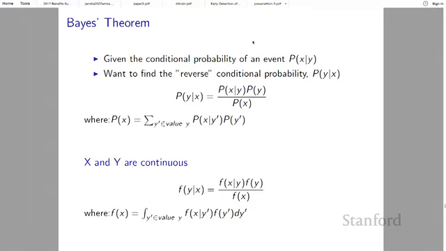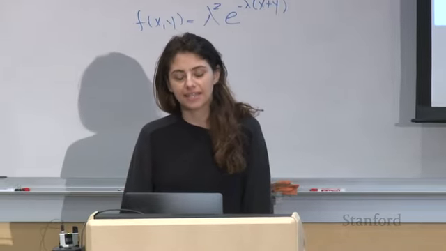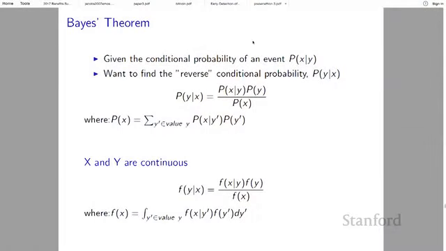Okay, let's continue on the Bayes theorem. Basically, what's the Bayes theorem? Bayes theorem says that given a conditional probability of two events, you can find the reverse conditional probability. For example, suppose y and x are two events, and you have access to the probability of x given y. Also, you have access to the probability of x and the probability of y, and you know that the probability of y is not 0.